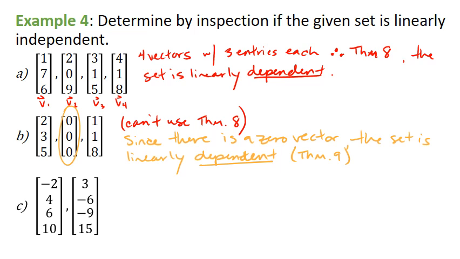Okay, let's look at the last example here. In this example, there are 2 vectors with 4 entries, so we can't apply Theorem 8. There's not a 0 vector, so we can't apply Theorem 9. So we need to address something else. And you'll see this a few times in your homework. What we want to do is see if one is a multiple of another. Okay, so let's see. If I multiply this column by -3/2, let's see what happens.